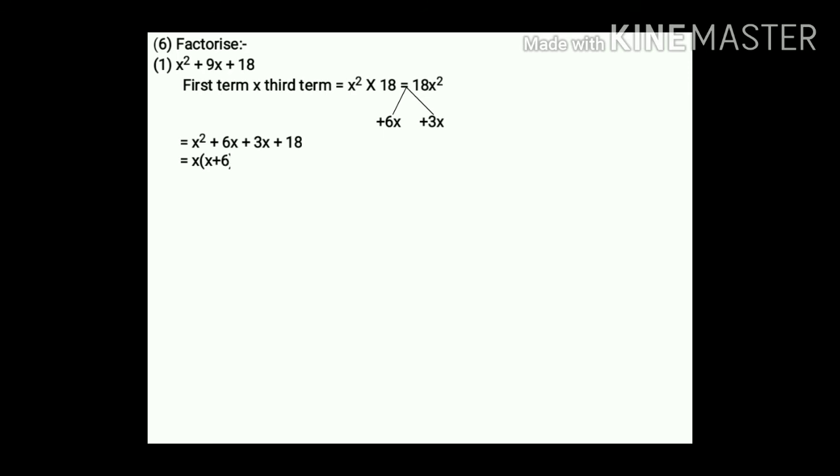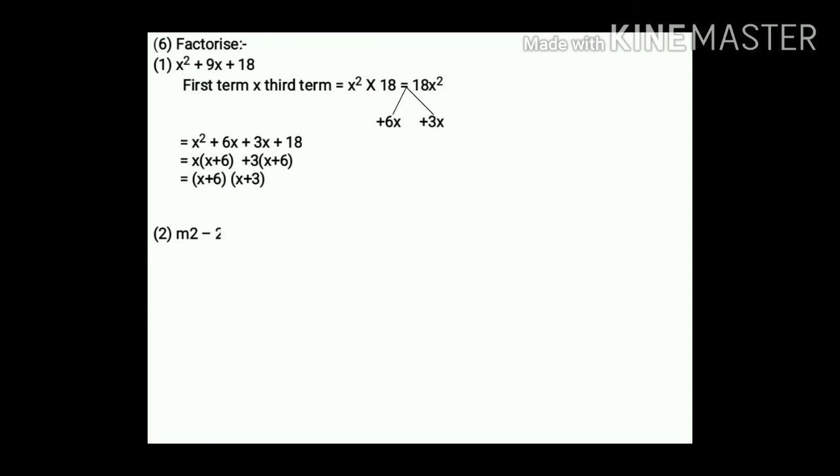So take out x common and the uncommon in the bracket: x + 6. Now with the second two terms also, children, we have to take the common. So we get the common 3 here and the uncommon x + 6. Now here, children, the two brackets are the same. So we have to take the common: (x + 6) in one bracket, and in another bracket, (x + 3).